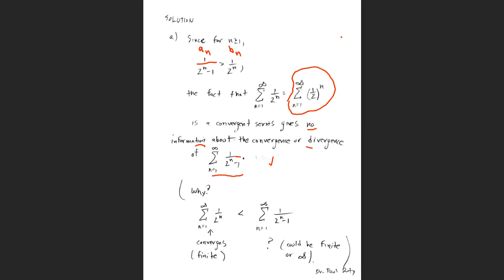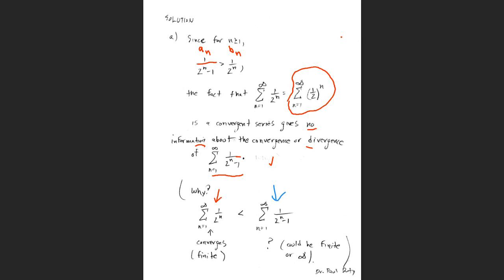All right, so again, the comparison test here isn't going to work. The reason is that our series is bigger than the convergent geometric series, the sum from n equals 1 to infinity of 1 over 2 to the nth power.